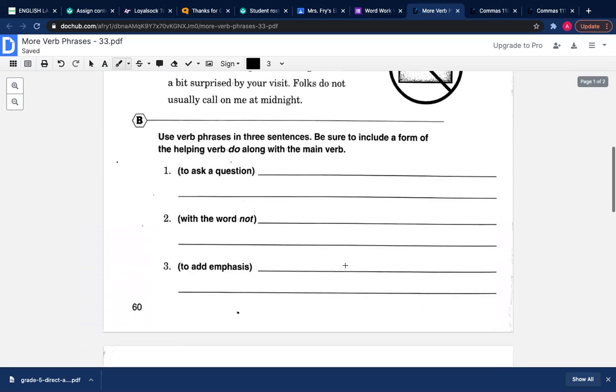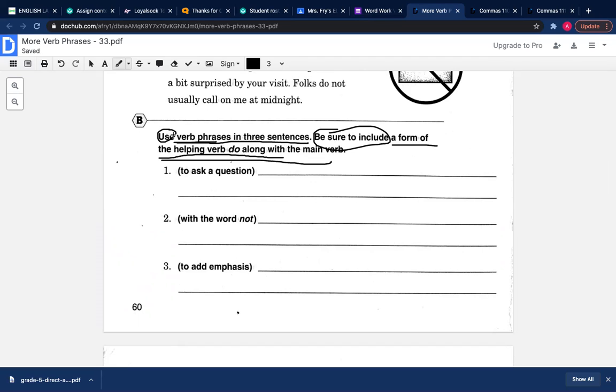In part B, it says use verb phrases in 3 sentences. Be sure to include a form of the helping verb do along with the main verb.